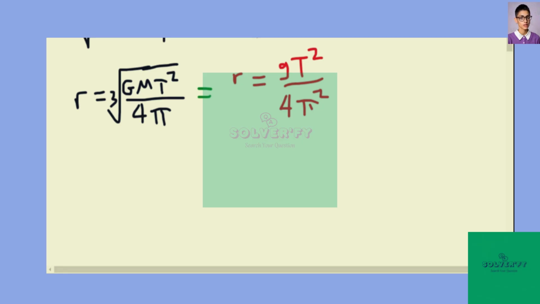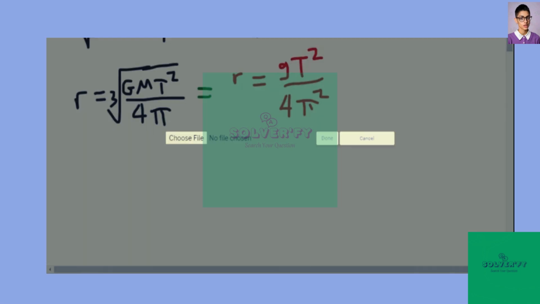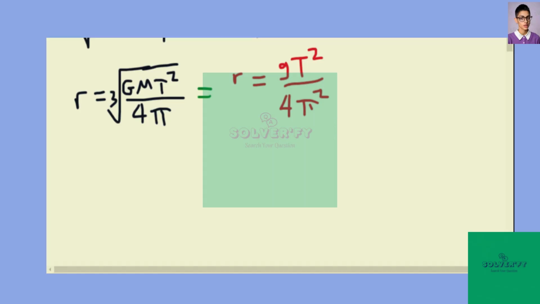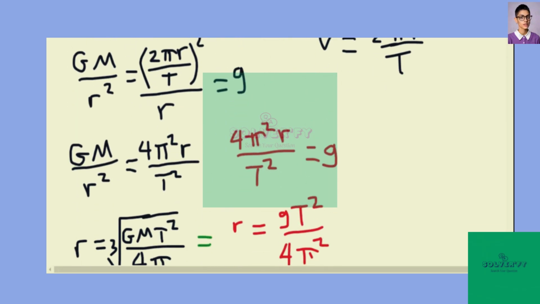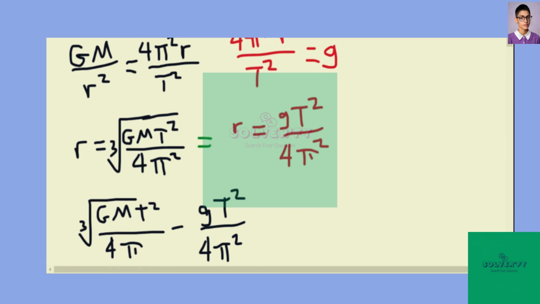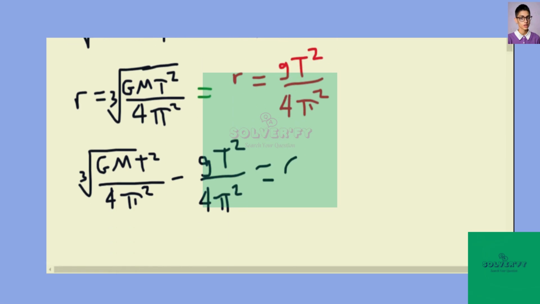I can subtract the g T squared over 4 pi squared on both sides. So I get the cube root of GM T squared over 4 pi squared minus little g T squared over 4 pi squared equals 0. And I think I lost a squared on the left one.